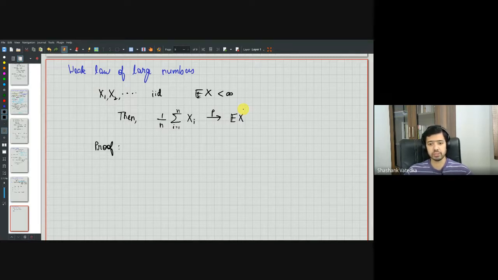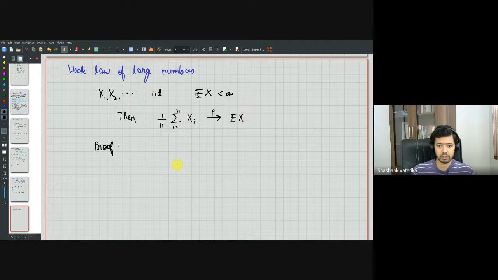In what sense is the fraction of heads equal to the probability that head equals 1, which is a half? If you take a biased coin where the probability of getting a head is alpha, then the fraction of heads is going to converge to alpha. The weak law of large numbers in particular says that this convergence happens in probability.